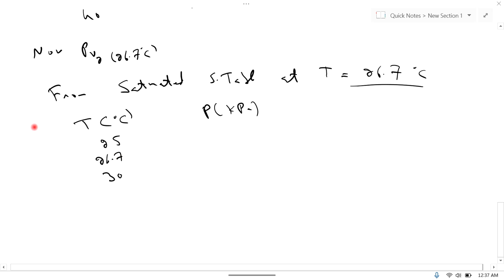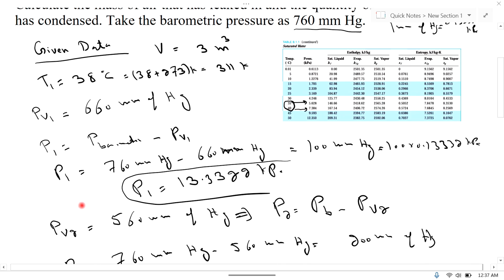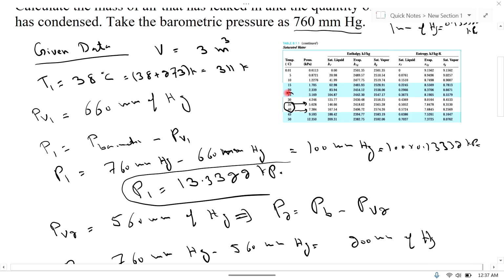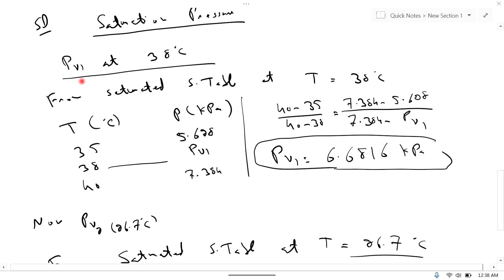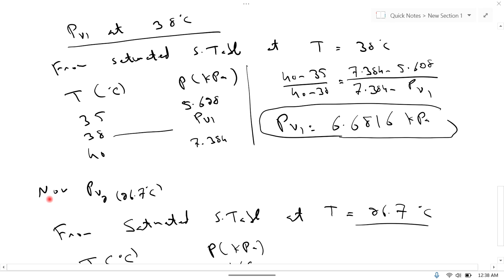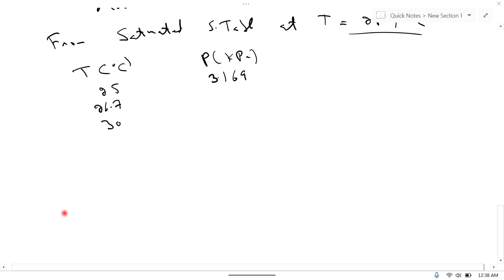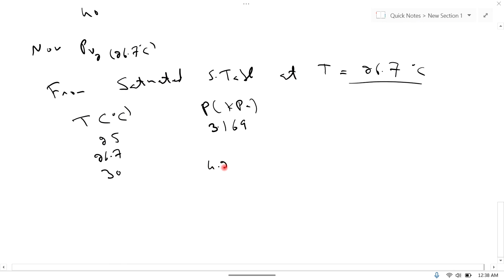From the table, at 25 degrees centigrade, pressure is 3.169 kilopascal, and at 30 degrees centigrade, pressure is 4.246. And we have to find the pressure at 26.7.